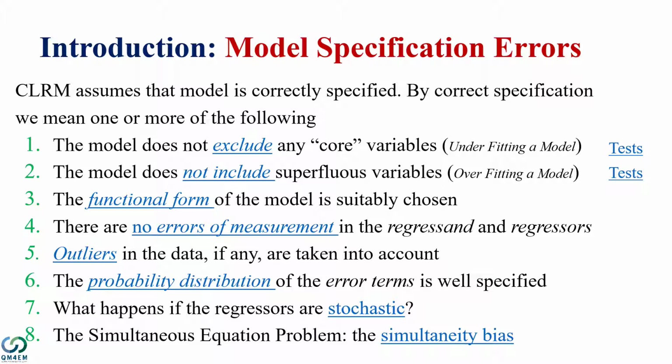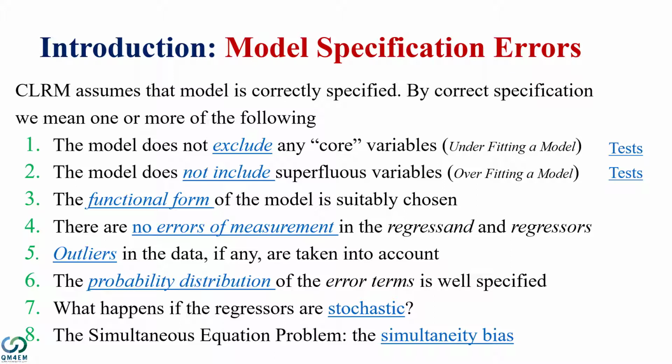However, due to one or more of these error issues, our model may not be correctly specified, and because of these issues, our model results may not be trustworthy for policy making. So in the previous lecture, we discussed the first three issues of model specification errors.